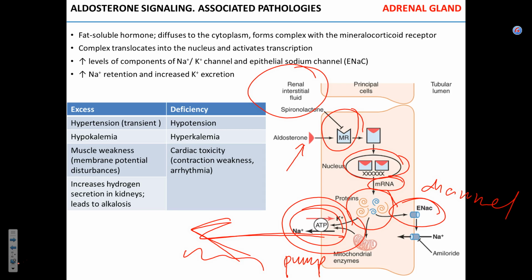So if sodium is pumped out of the cell, what happens to the sodium concentration inside of the cell? It's low, right? It is maintained low. And an important fact is that it is lower than the sodium concentration in the filtrate. Now that filtrate, where is that? Which organ are we talking about? Kidneys, yes.